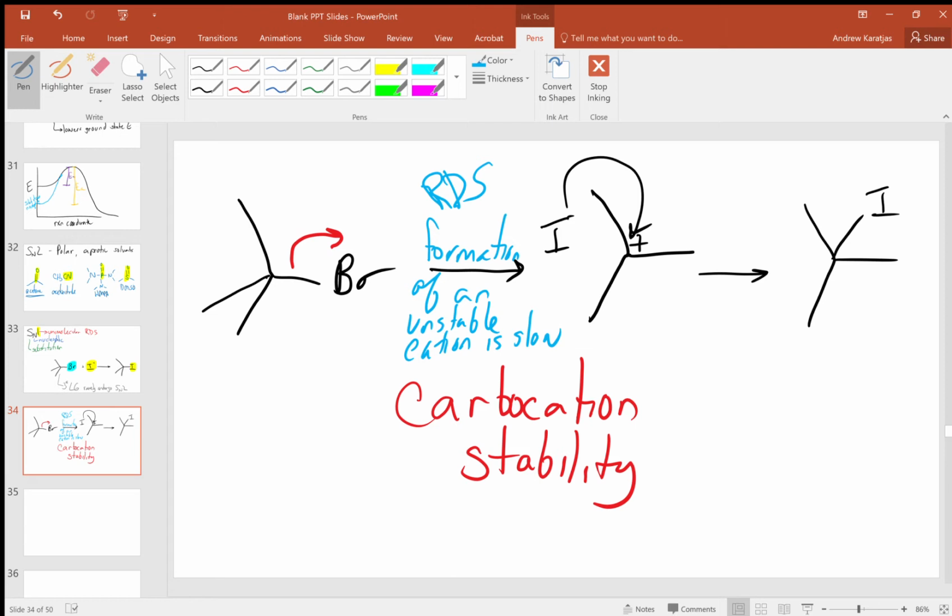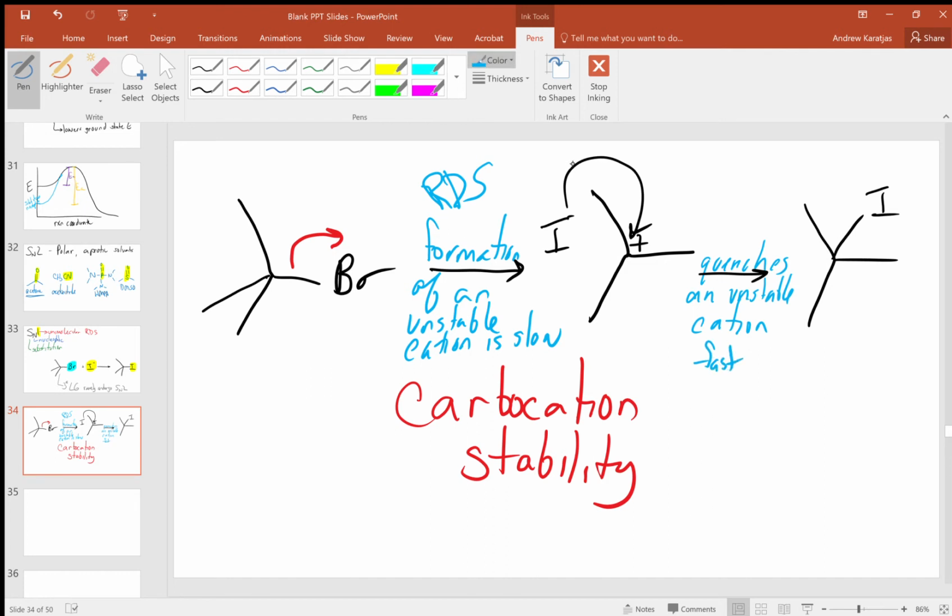This should also make sense because our second step quenches an unstable cation. And so we would expect a step like that would occur fairly readily, doesn't require a huge activation energy, and is generally going to be fast.